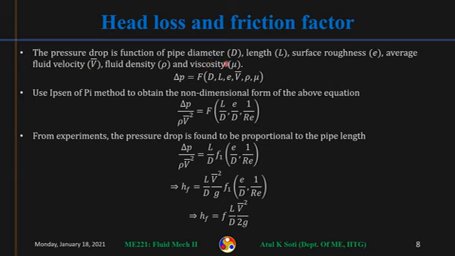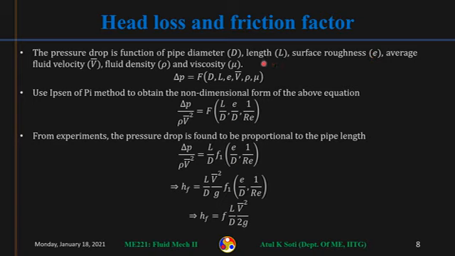But for turbulent cases, from experiments it is known that it also depends on the roughness of the pipe material. This is surface roughness. If the pipe is very smooth, the friction effects will be different compared to a very rough pipe.